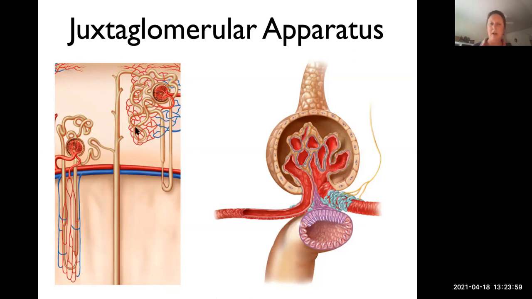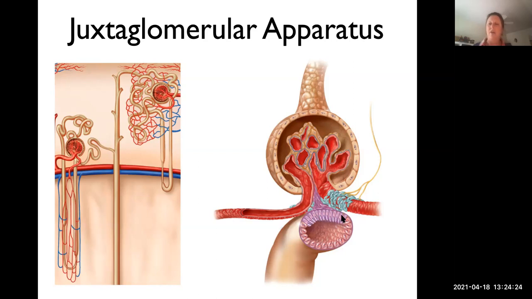Same thing over here, proximal convoluted tubule, nephron loop comes right here between the arterioles and then leads into the distal convoluted tubule. That's because in this, which is the distal convoluted tubule that is coming back and nestling in between the arterioles, there are specialized cells.